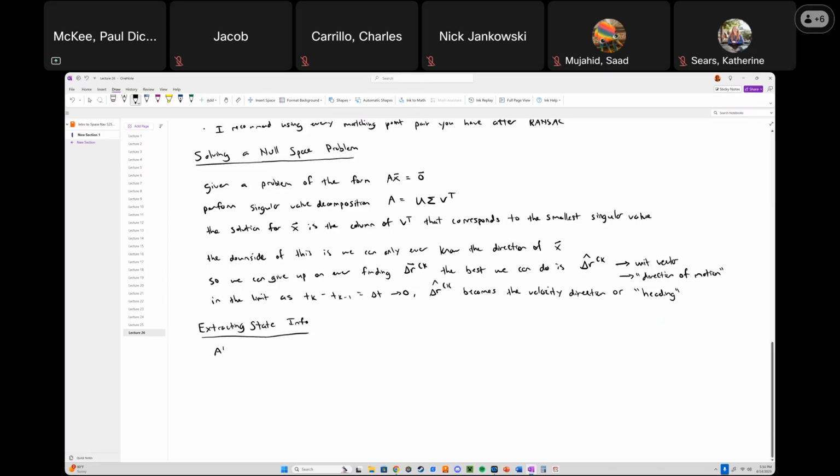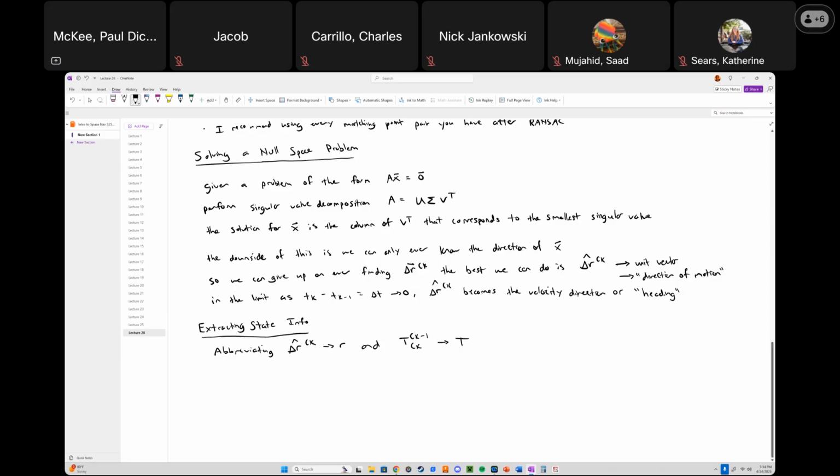Again, we will abbreviate delta R hat CK. I'm just going to call it R. And T CK minus 1 to CK, the direction cosine matrix from the camera at time K minus 1 to time K. So this is basically the rotation.